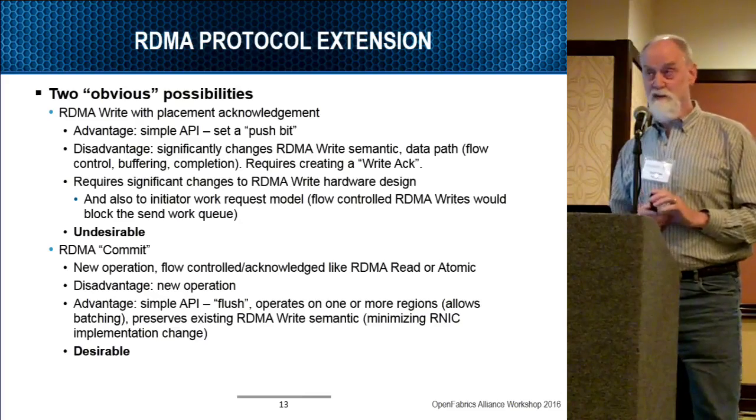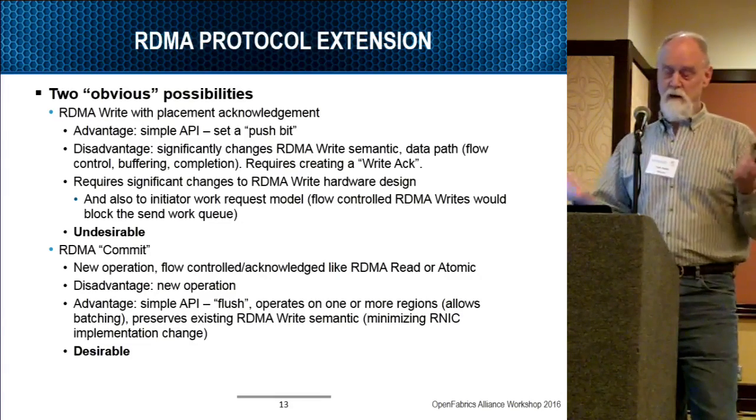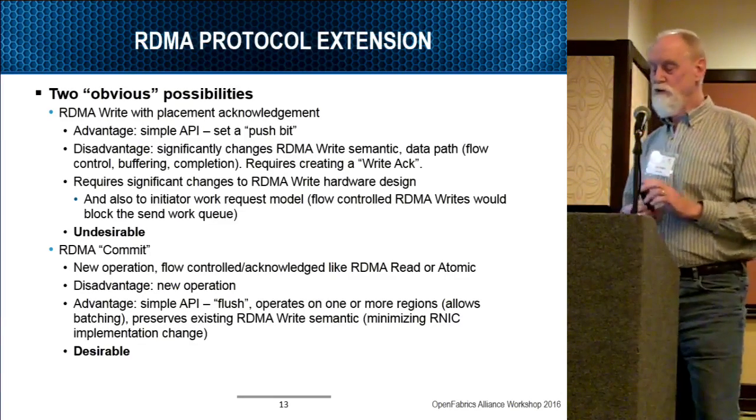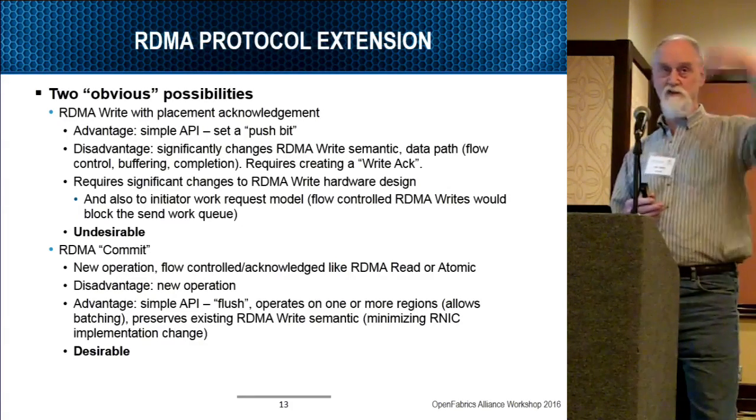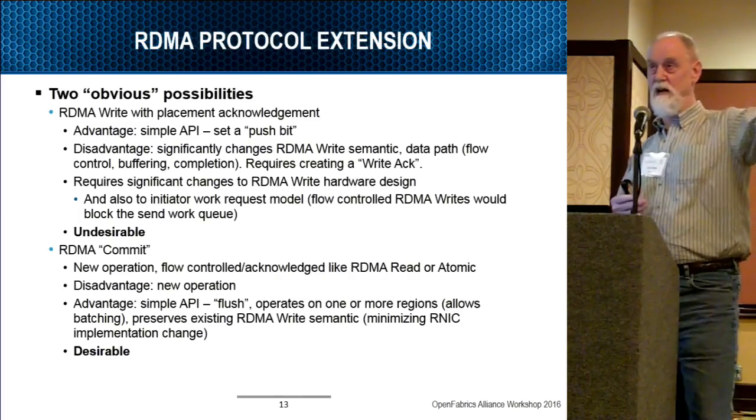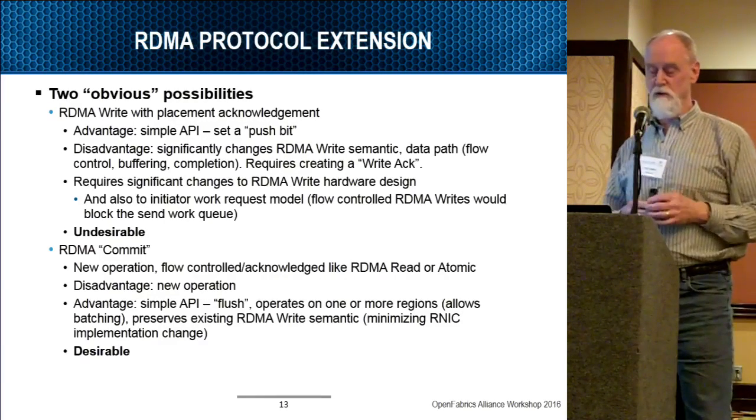The second idea is to define a new operation that I call RDMA commit. It's a new operation, flow controlled and acknowledged, kind of like a read or an atomic. It's explicitly acknowledged, right? You send the request, it processes on the NIC and comes back as a result.